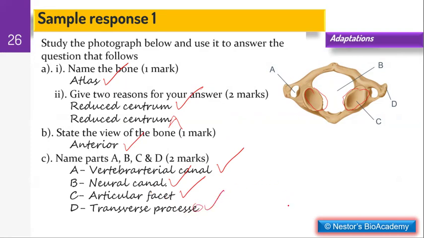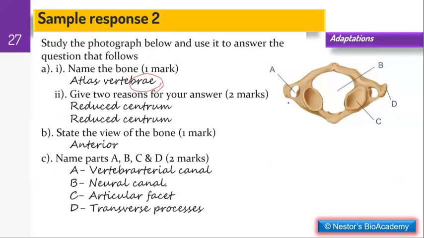Let's look at another sample response you can get from a candidate. Now, candidate 2 does not talk about atlas, but candidate 2 commits him or herself to talk about atlas vertebrae. And how many bones are we having represented? This is 1 bone, and therefore this one makes things slightly complicated. And of course, reduced centrum, that will score.